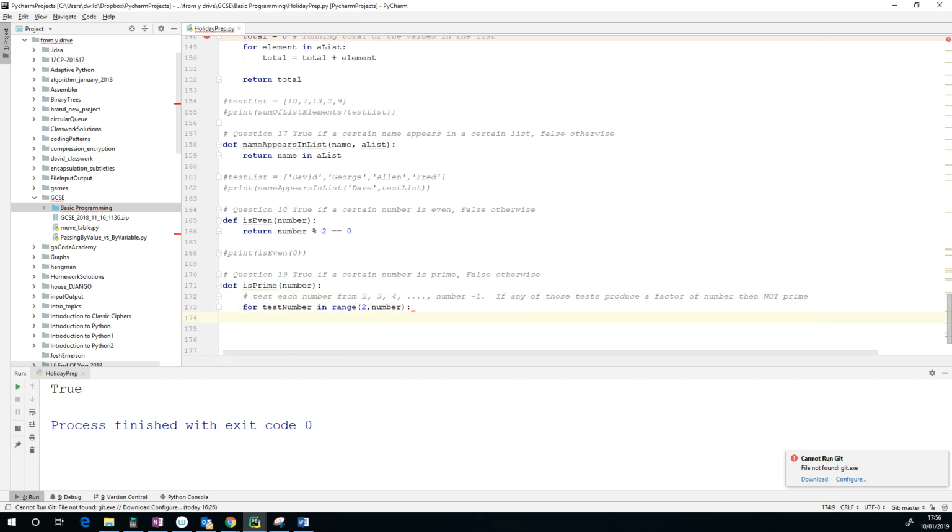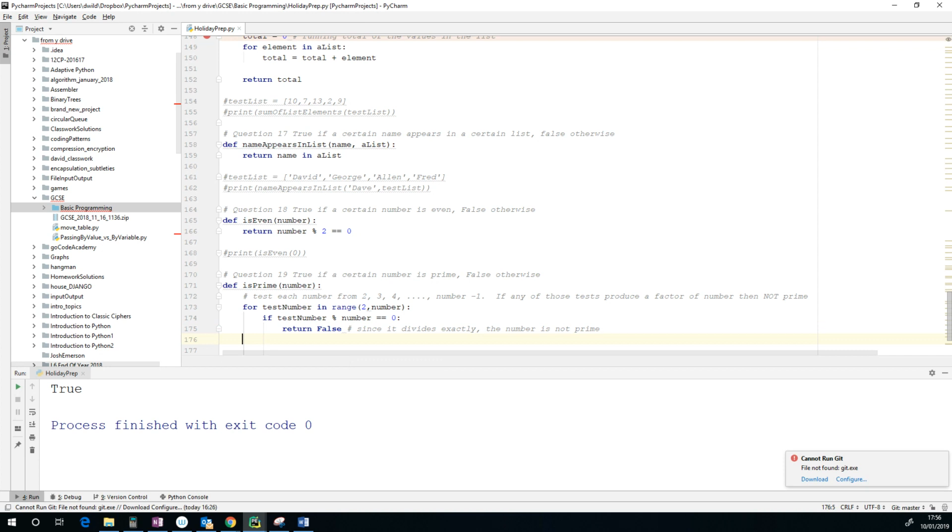So we're going to say if the test number percent number is 0, then we know that it's not prime. So we're going to return false, since it divides exactly, the number is not prime.